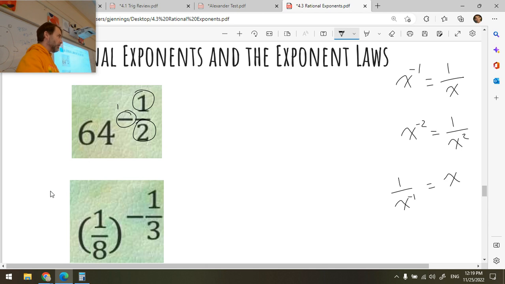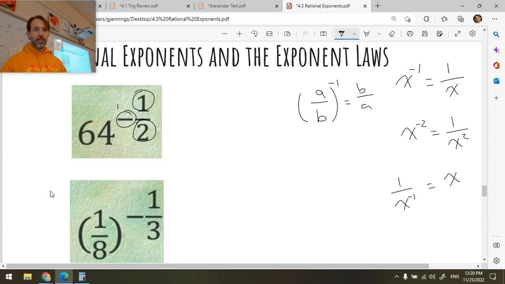If it was on the bottom, it brings it to the top. If you had a over b to the negative 1, that would be equal to b over a. Takes what was upstairs and puts it downstairs, takes what was downstairs and puts it upstairs. It's just a big furniture rearranger. That's all the negative exponent does.